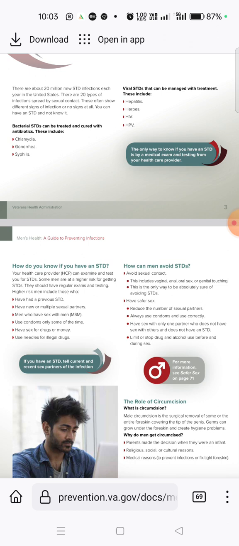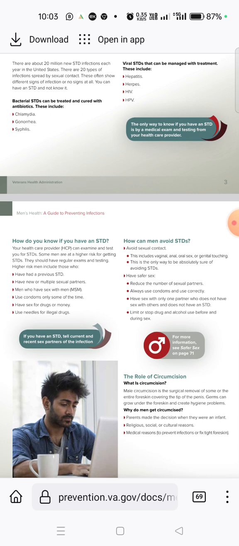Those who use condoms only some of the time, and those who have sex for drugs or money, such as professional sex workers, are also at risk. So are those who use needles for illegal drugs, and persons who use drugs for illegal purposes.